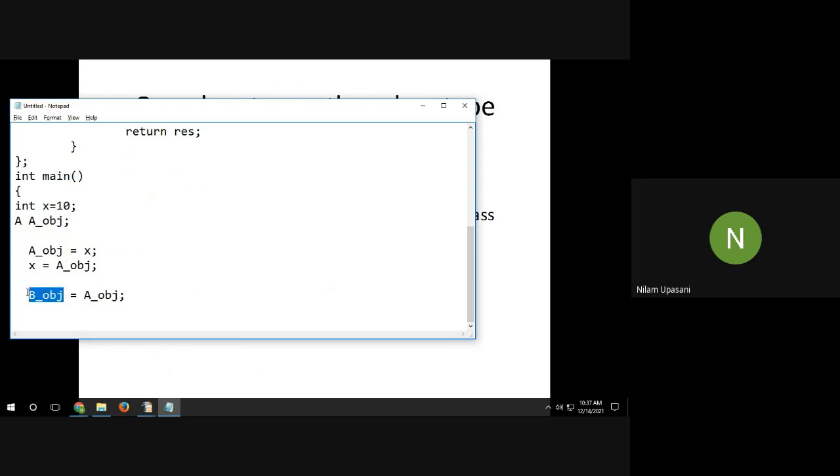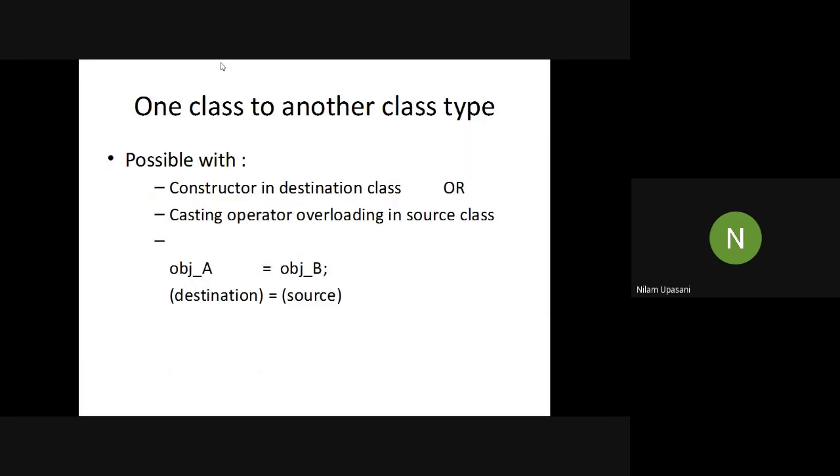Where does the constructor go? Where the object on the left hand side of the equal to sign is. So the constructor, if you are using it, should be there in the class B. Okay, if you want to implement this with a constructor, either you can go for constructor or operator overloading, one of them is enough. You need not have both things for this situation. So if you are using constructor, where to have the constructor, in A class or in B class? In B class. Okay, whichever object is there on the left hand side. And if you are doing it with operator overloading, where should it be? For operator overloading, that overloading function should be there in A class. Okay, so that is the rule related to this type of conversion.